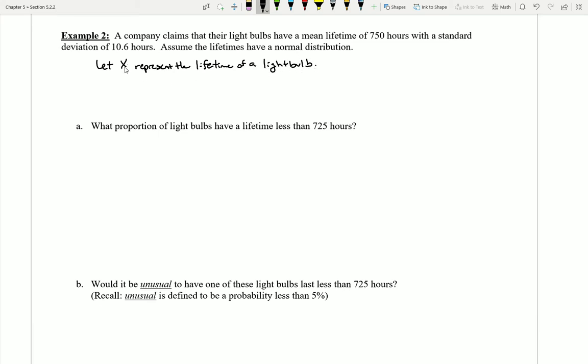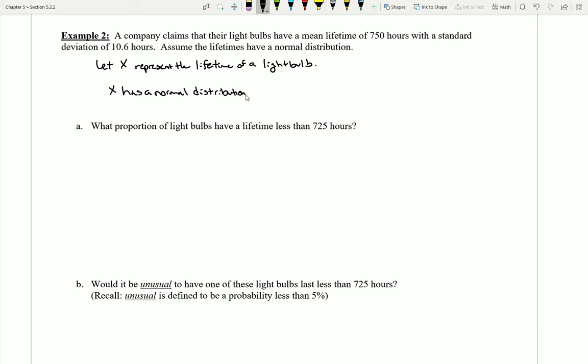Now, the way that I know that this is what I want x to represent is because I can already see that when I have my mean and my standard deviation, they're actually talking about the lifetime of light bulbs. So I'm going to let my random variable represent the same thing. Then I can say that x, which again represents the lifetime of a light bulb, has a normal distribution.